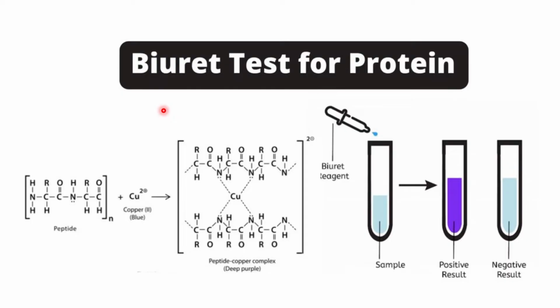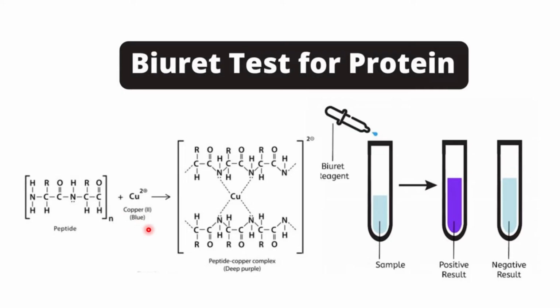Now let us look at a chemical reaction illustration of the principle behind the Biuret test for protein. As we can see over here, these are our cupric ions from our Biuret reagent, and this is our peptide bond from our protein.